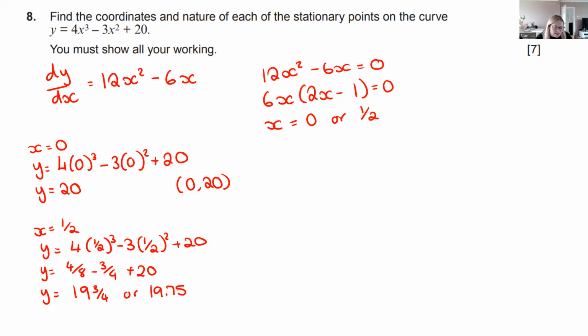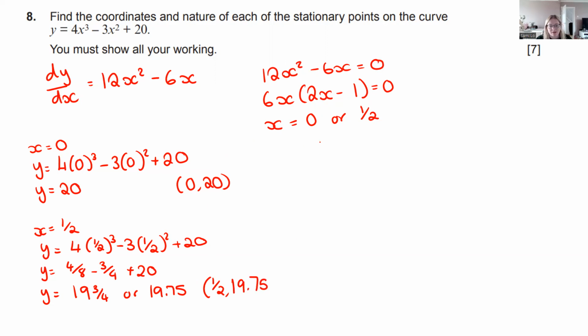Okay, so once we're at that stage, we need to find out the nature of these curves. So what that means is if it's a maximum or minimum point. Now, you could probably tell straight by looking at it which one's going to be your maximum and which one's going to be your minimum, because the height of the curve is going to help us. So if we see the fact that y is going up to 20, however, they're going to want us to prove this, okay?